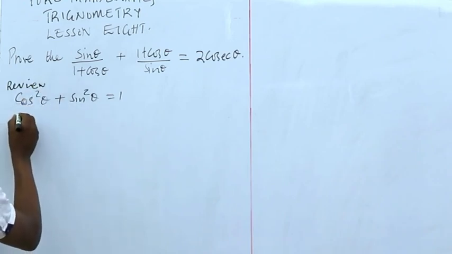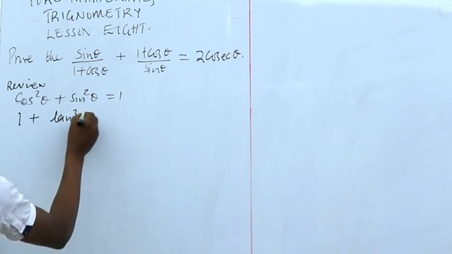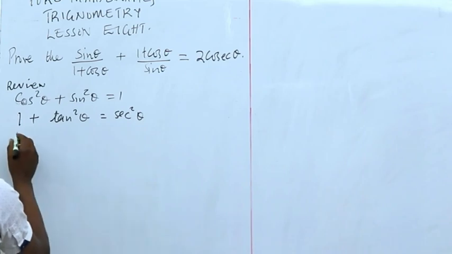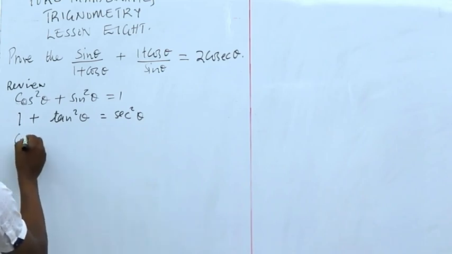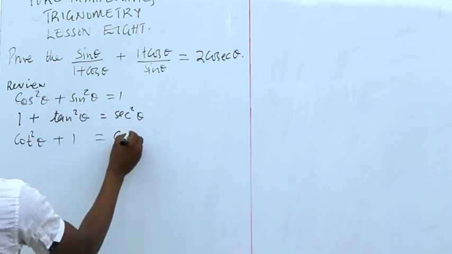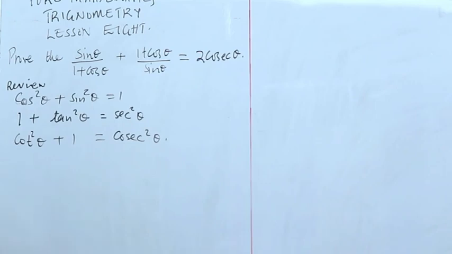Then we can have 1 plus tan squared theta is sec squared theta, and also cot squared theta plus 1 is equal to cosec squared theta.